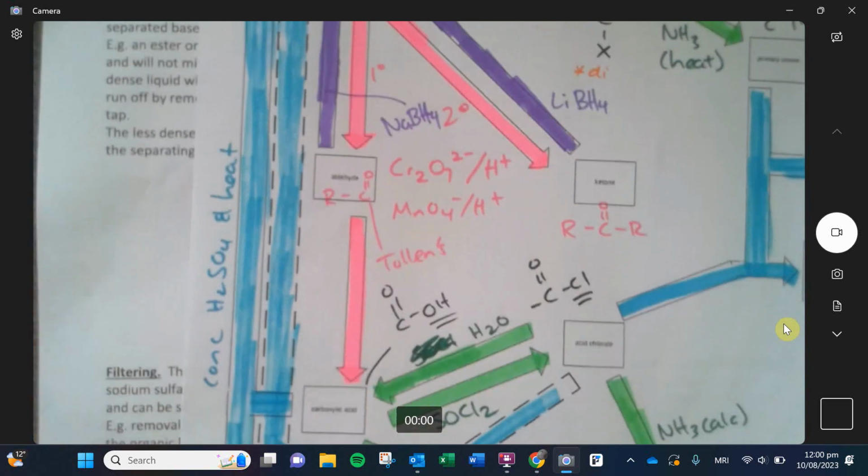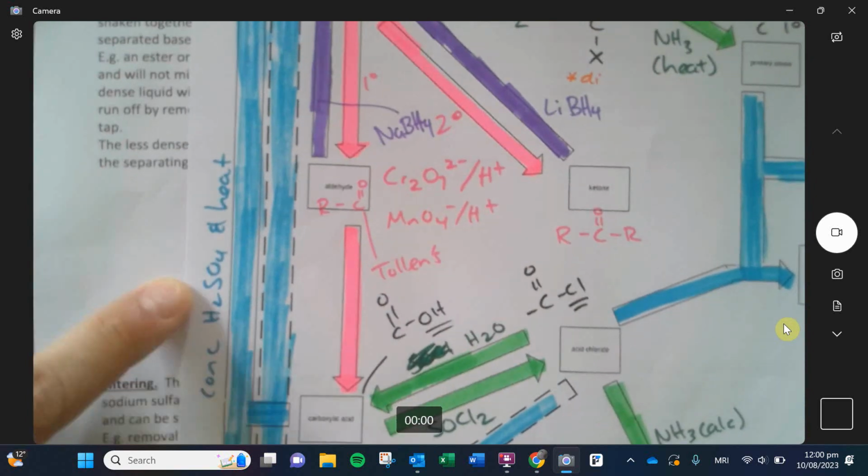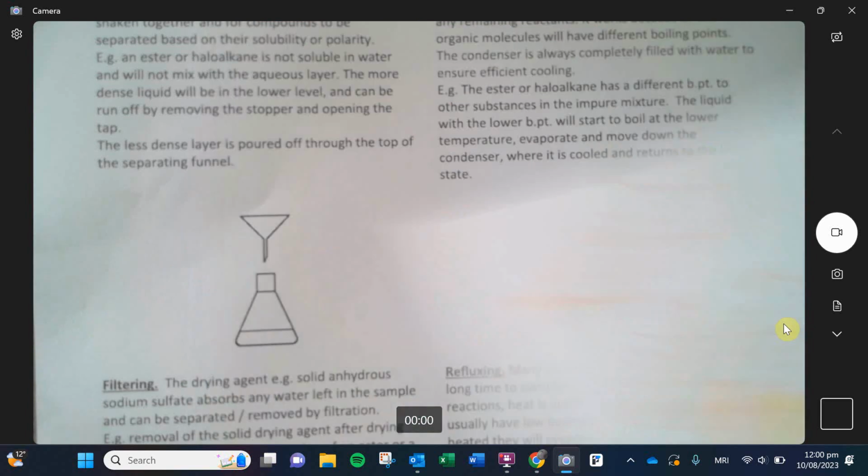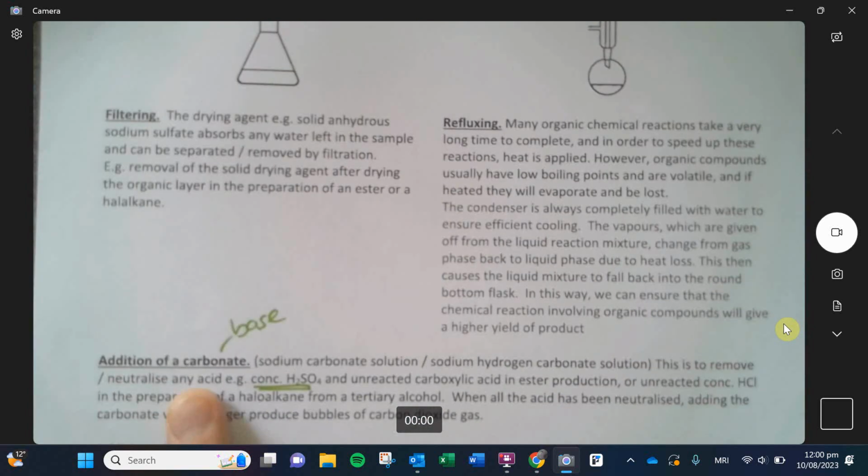And in order for that reaction to occur, I need to use concentrated sulfuric acid. Now, after we do this chemical reaction, I'm going to have excess sulfuric acid left over, so I want to get rid of it. So that's why after we do that step, we would add things like carbonate to neutralize it.